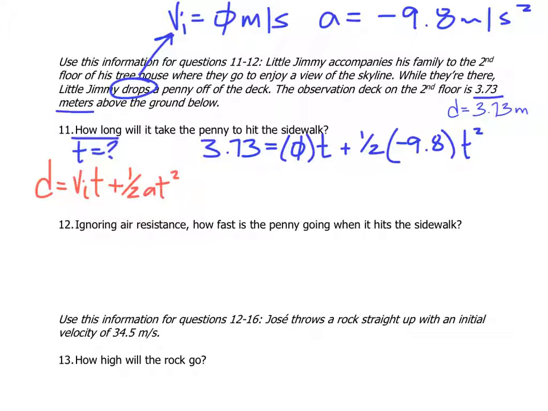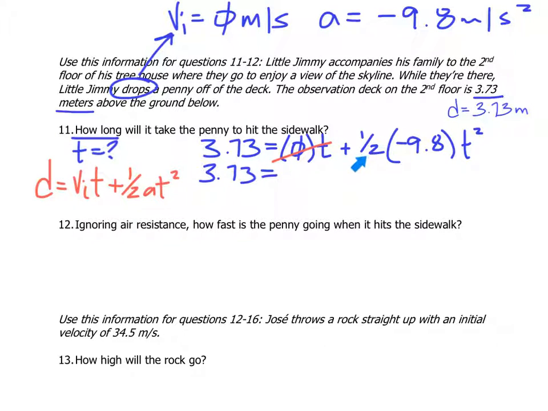So when I look at this problem, I see something that stands out to me, and it's the fact that 0 is being multiplied by T. Well, even though I don't know what T is, I know that if I multiply it by 0, I get 0. So this part goes away. So what I'm left with is 3.73 equals 1/2 times the negative 9.8.